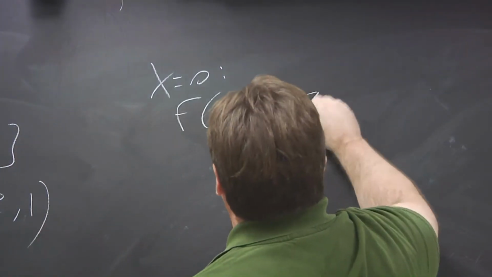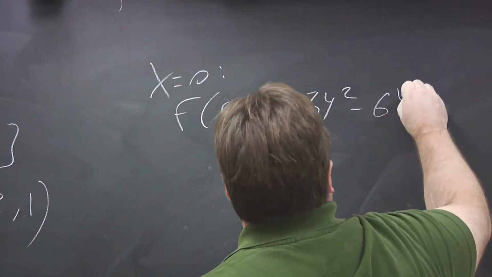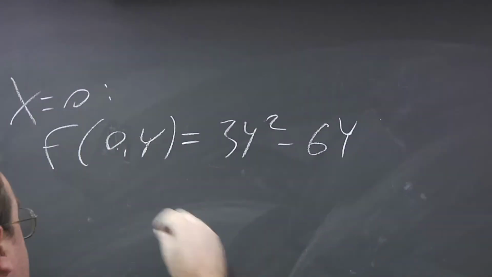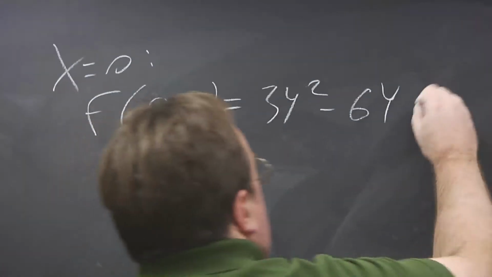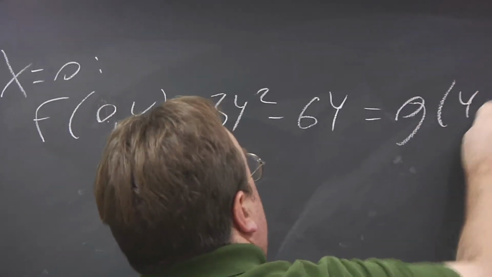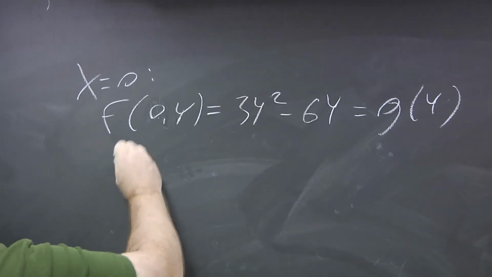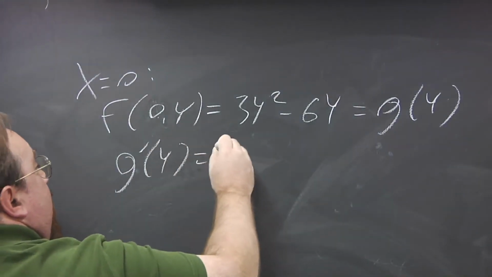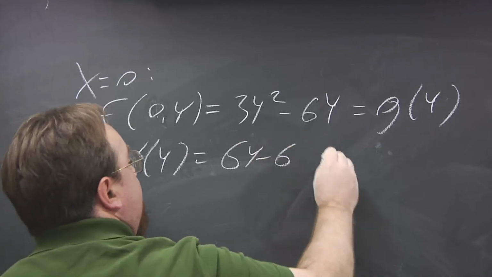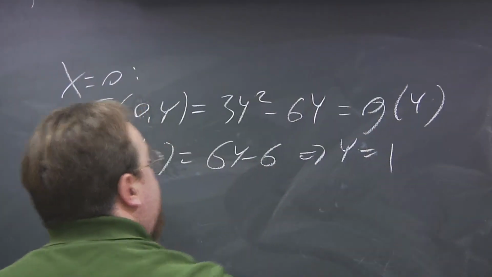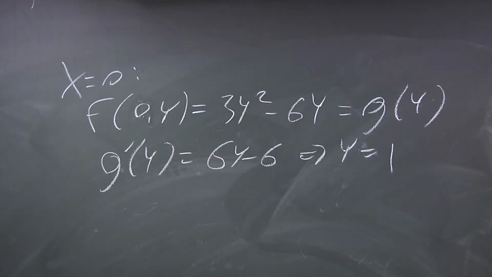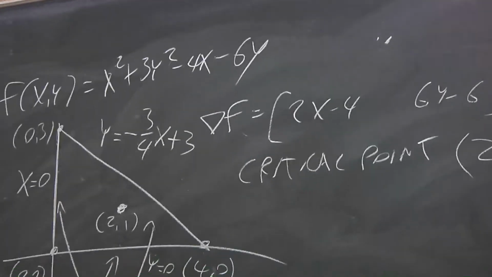It's going to be 3y squared minus 6y. We'll call this function g(y). Now we can just proceed as in a single variable case. g'(y) is 6y minus 6, so y is equal to 1. That's the one critical number along this edge.